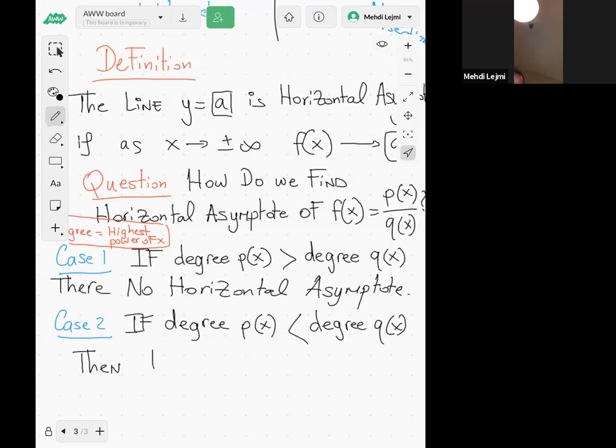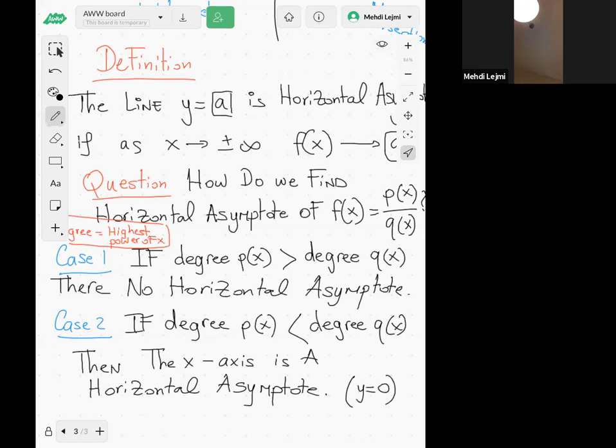So the x-axis is a horizontal asymptote, or y equal to 0. That's the equation of the x-axis.